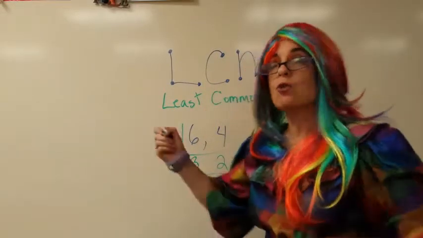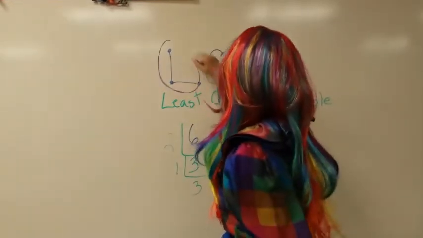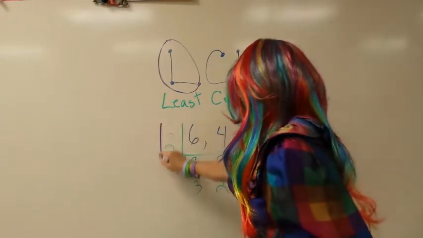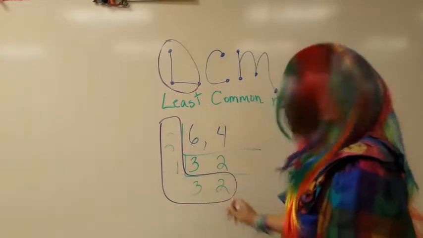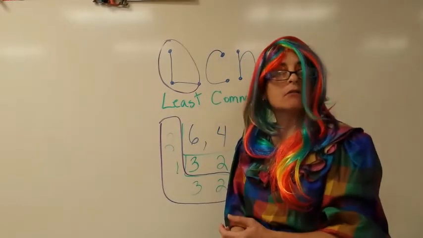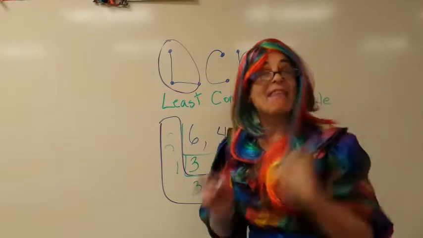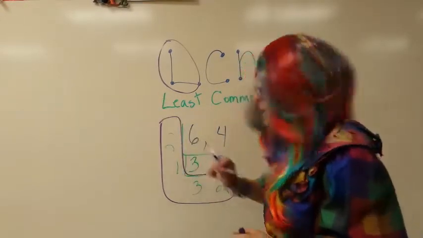Since this is the least common multiple, I'm going to make a giant L out of all of the numbers on the outside, and then multiply them all together.